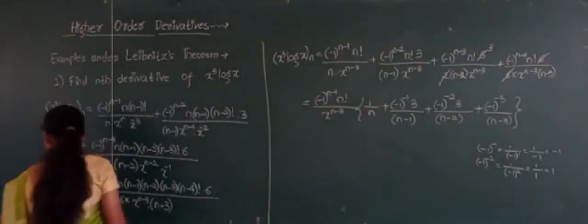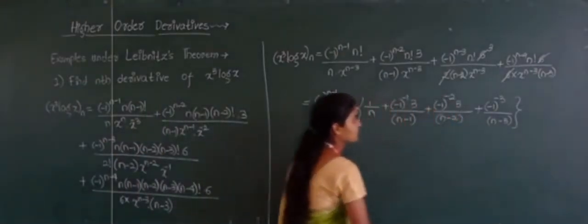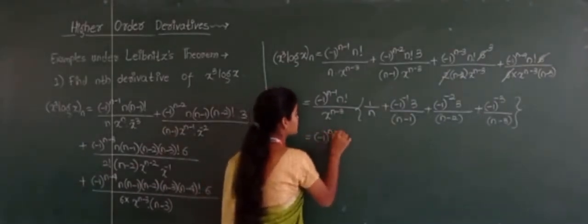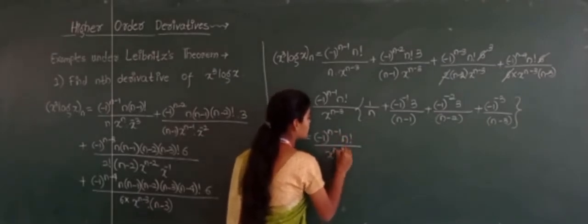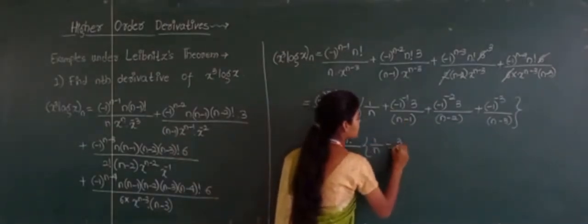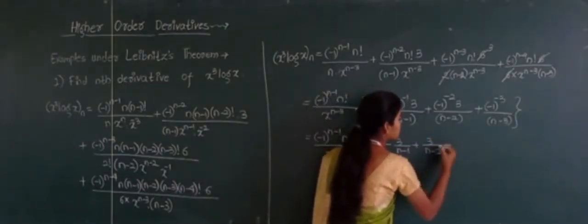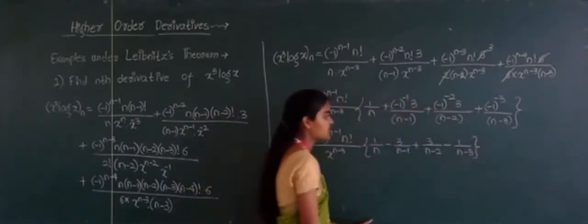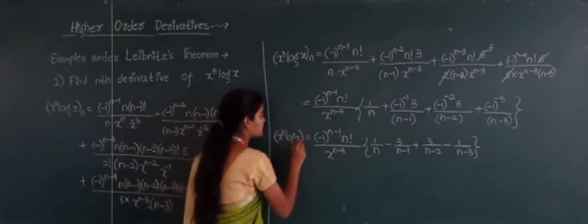So writing those terms, we will get our final solution as minus 1 raised to n minus 1 n factorial divided by x raised to n minus 3, into the bracket 1 divided by n, minus 3 divided by n minus 1, plus 3 divided by n minus 2, minus 1 divided by n minus 3, and now this is our nth derivative of x cube log x.